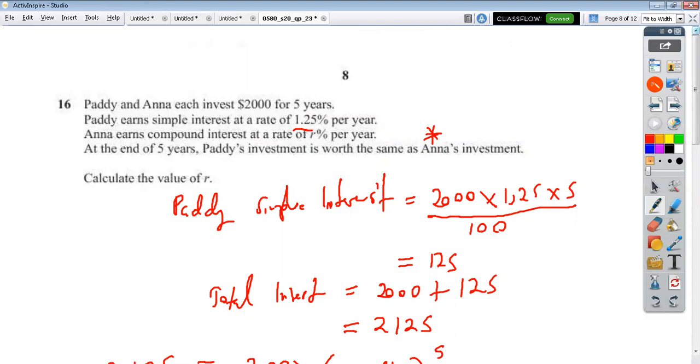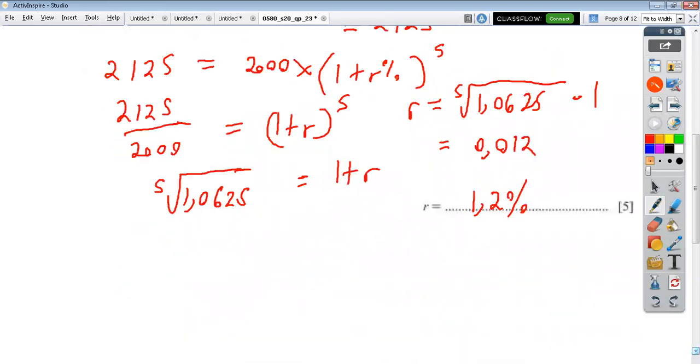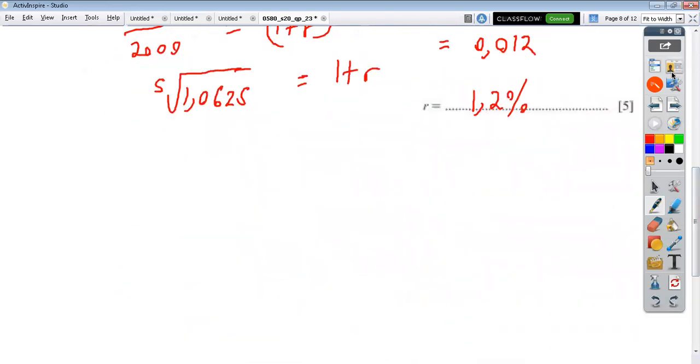Makes sense? Or 1.22%. But I think to 3 significant figures, 0.0122. So maybe we're supposed to do 1.22 to 3 significant figures. Okay.